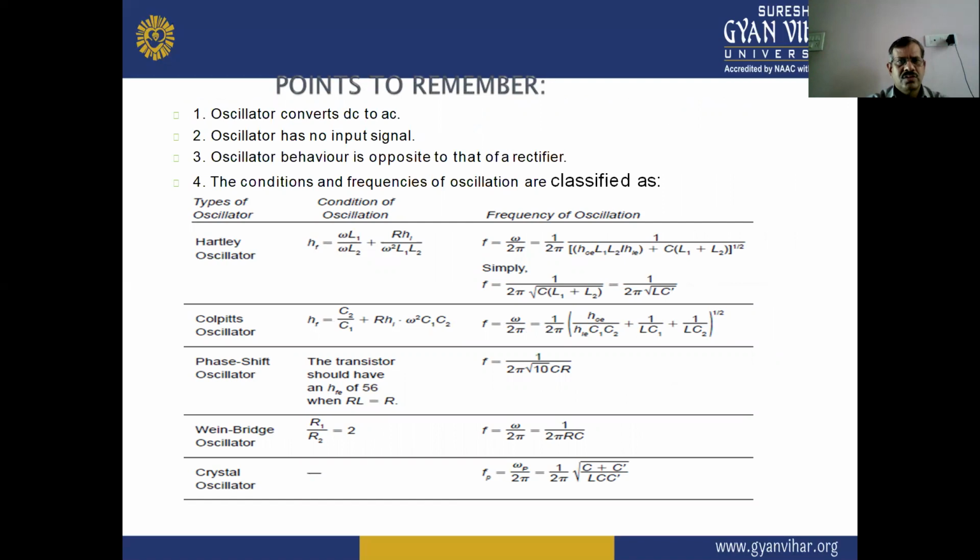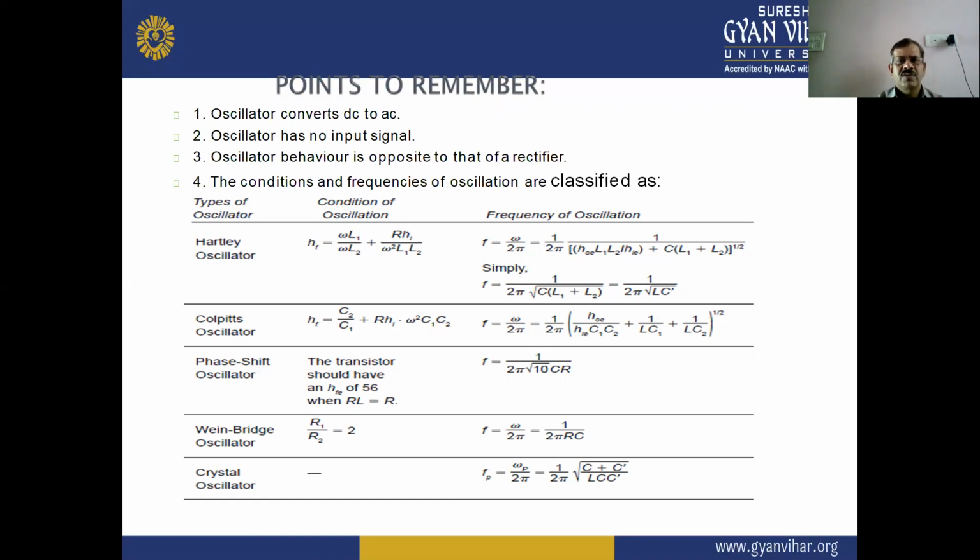So oscillators convert DC to AC. An oscillator has no input signal, and oscillator behavior is opposite to that of rectifiers.